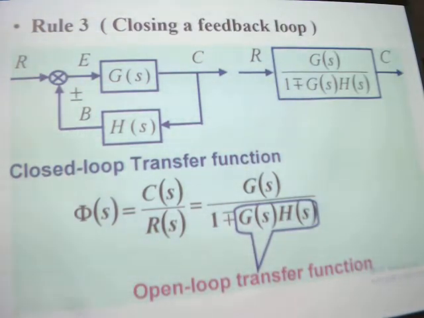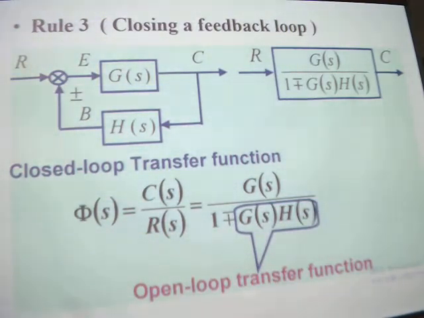Now we can see in this system we can get many equations. First, E equals what? E equals R plus or minus B. And C equals what? C equals E times G(s). And B, what is this?